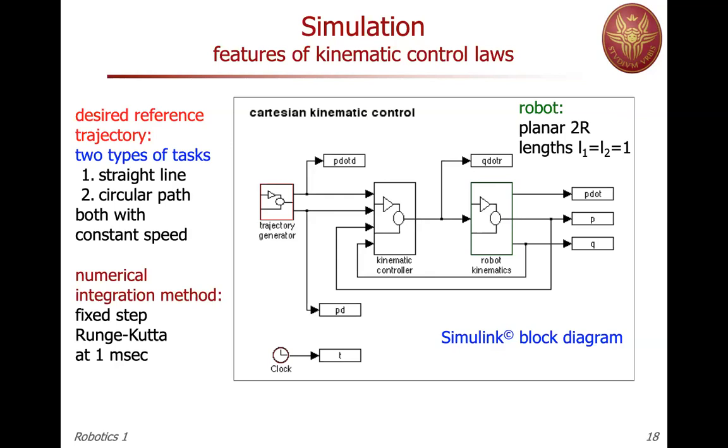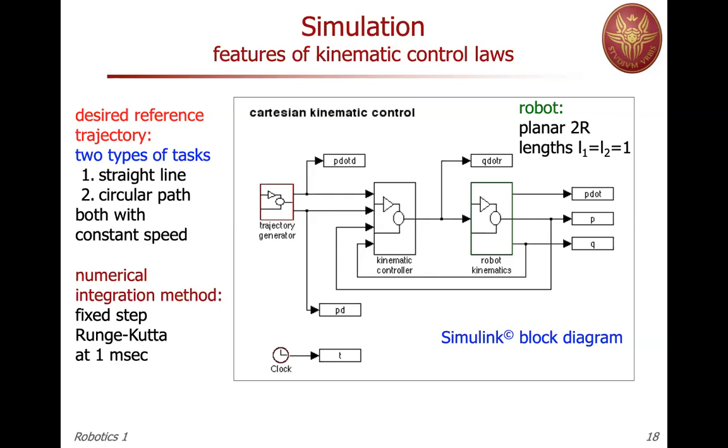Now MATLAB saves directly the variable with a timestamp so that you can plot them in time, even if you're not using a constant integration step. But you can do the same, and you can save the quantities as arrays and not as a timed variable.